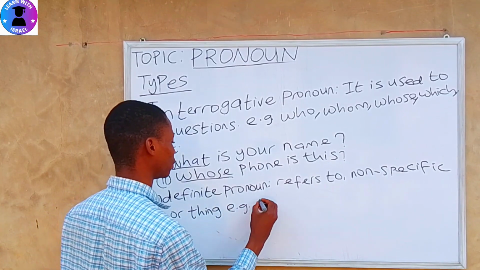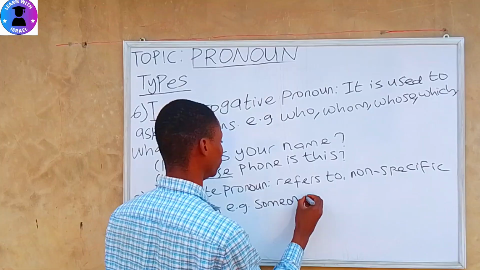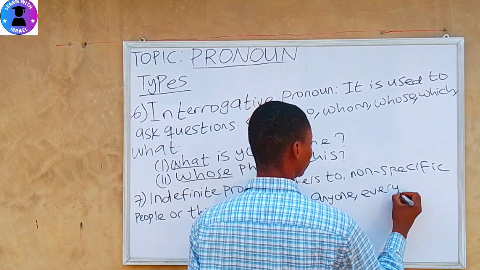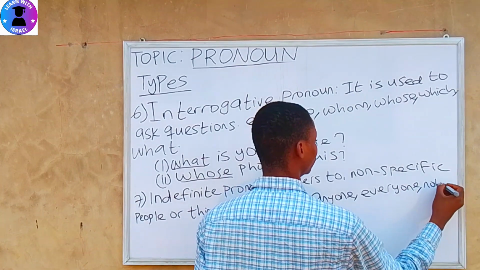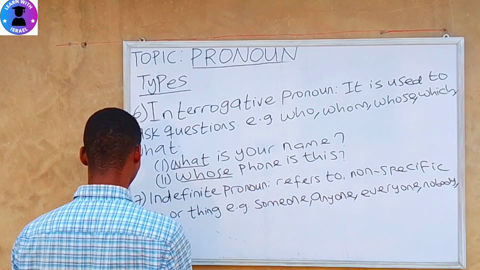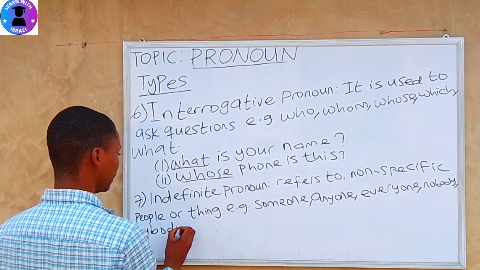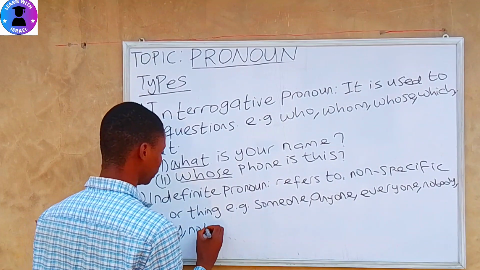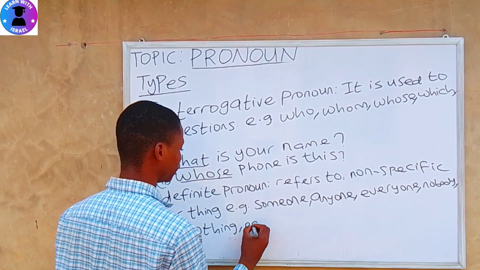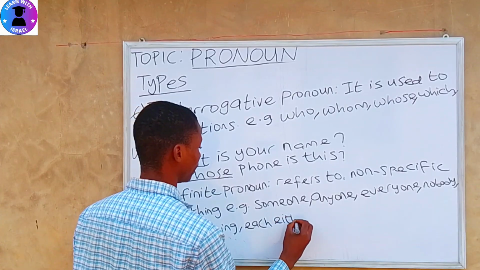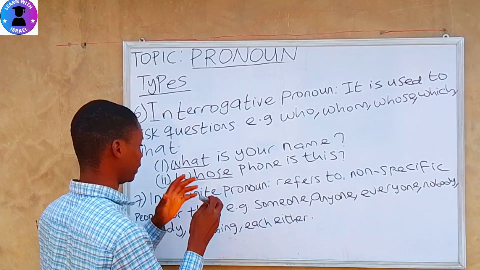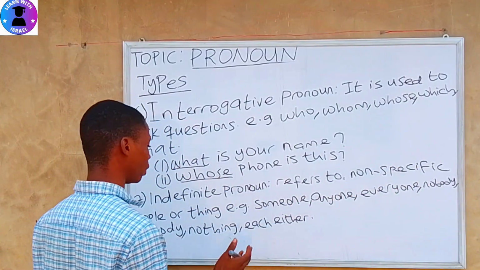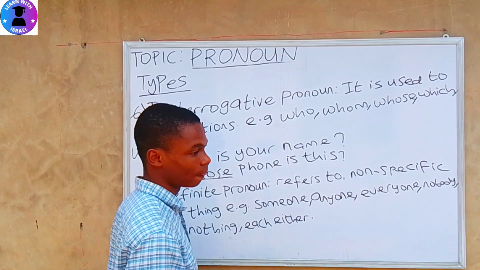E.g., we have someone, anyone, everyone, nobody, anybody. I'm still listing. You also have nothing, each, either. So examples of indefinite pronouns: someone, anyone, everyone, nobody, anybody, nothing, each, either.